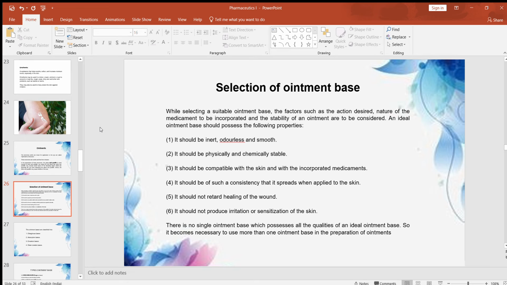That is an example of ointment formulation, an ointment in which we use sulfur. Any component of ointment base? Why is there a requirement of ointment bases in formulation? What is the use of ointment base?